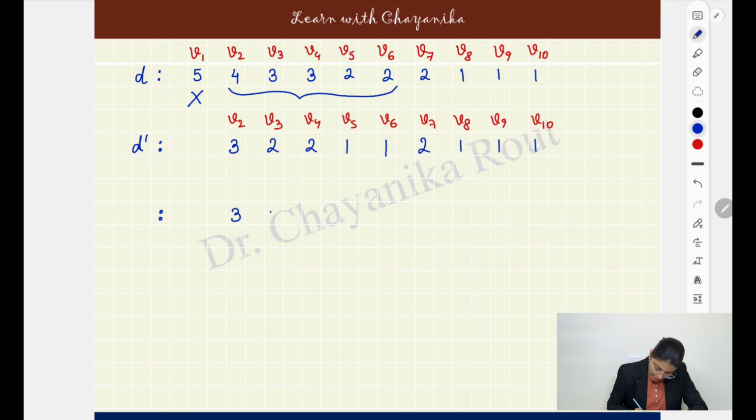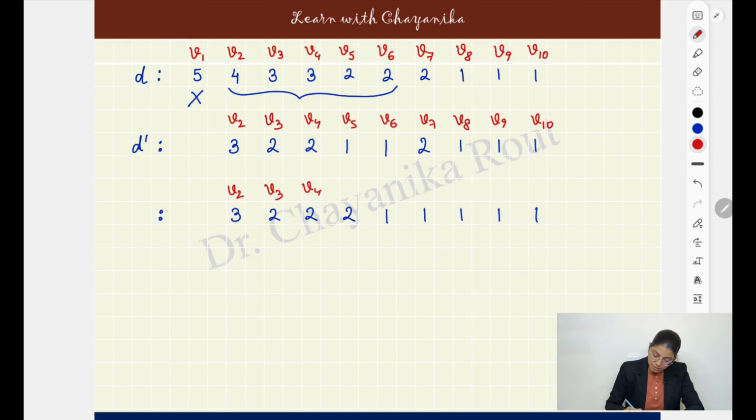So I have 3, then 2, 2, then the 2 comes first, 1 goes later, and the remaining ones are here. So this 2 has come here. Okay, now labeling. This is V2, V3, V4. Now see, when you have shifted 2 from the later position to a much former position, not only the value 2 comes, but it takes with itself the labeling also, right?